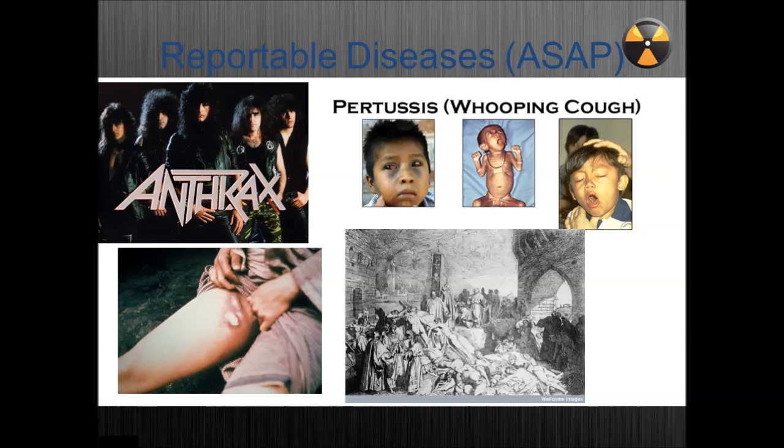And I put the pictures on the top right because it's an example of pertussis, whooping cough. That's particularly interesting because a couple of years ago, the state of Washington was the epicenter for whooping cough in the United States.